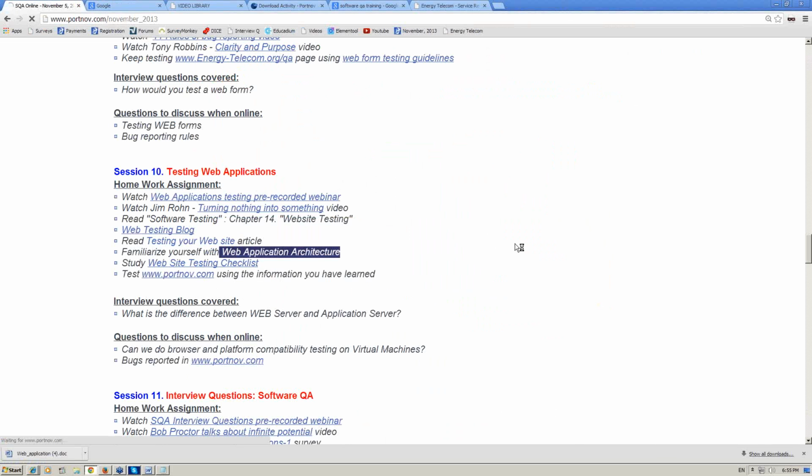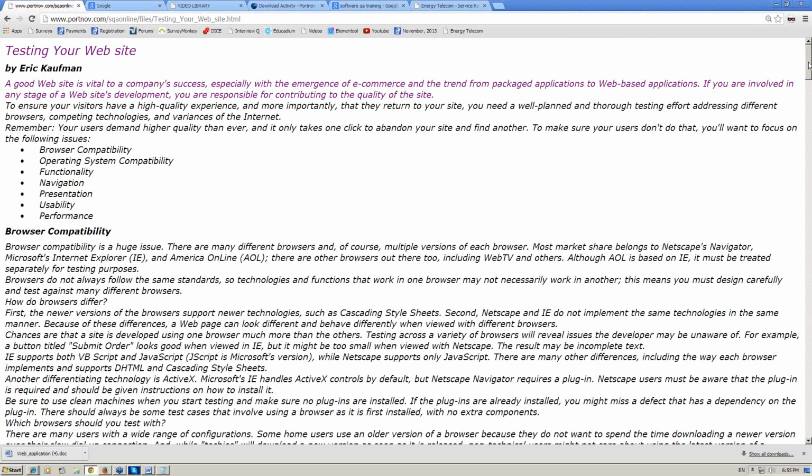Okay. Here is an article, actually two articles here. There was a magazine published in 99, 2000, 2001. There was a web magazine called Software Testing or something like that. And it was the time when we all were moving from testing Windows applications to testing web applications.